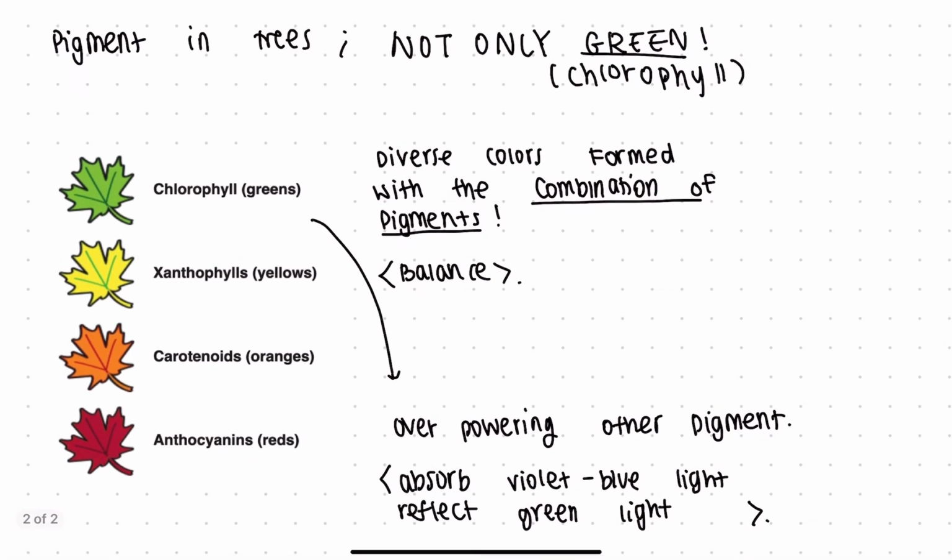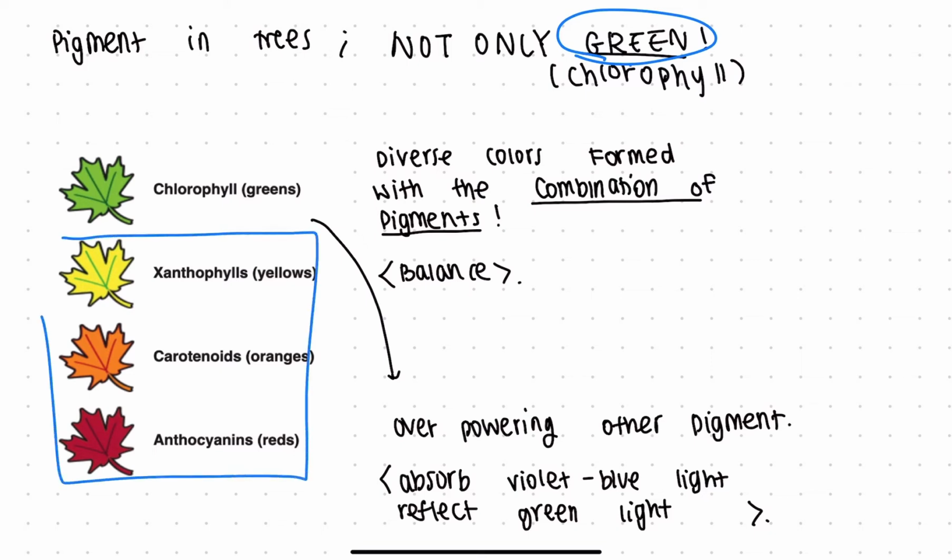One important thing that everyone should know is that the pigments existent in trees are not all green. The colors of the leaves that we see, which are shown here, yellow, orange, red, and so much more, are not produced during the season of fall. This is not the case.